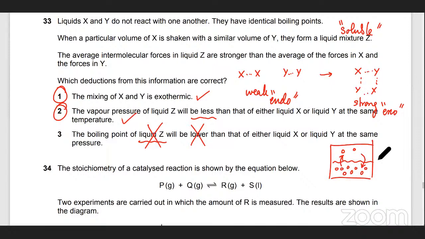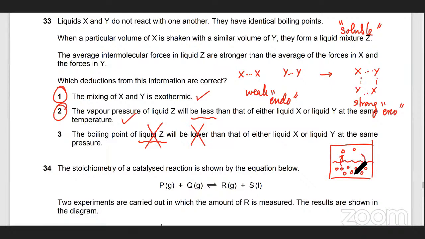That in a closed system, when the vapor is in equilibrium with the liquid phase, the liquid is going to evaporate. It's going to produce a small amount of vapor, and that vapor is going to exert a pressure. Now, if the intermolecular forces are very strong, the amount of vapor that's going to be produced is going to be a lot lesser.